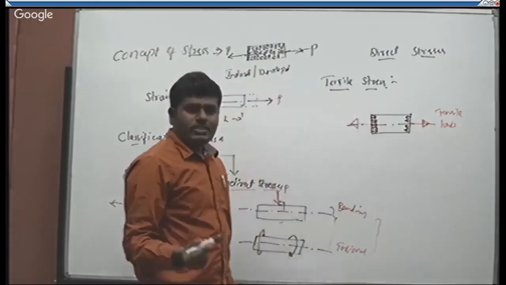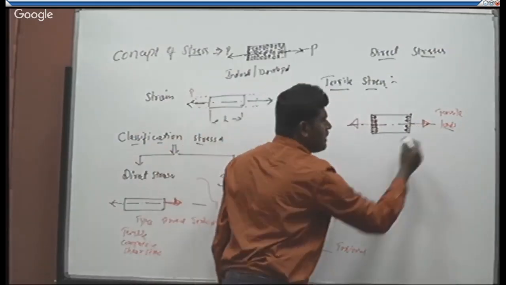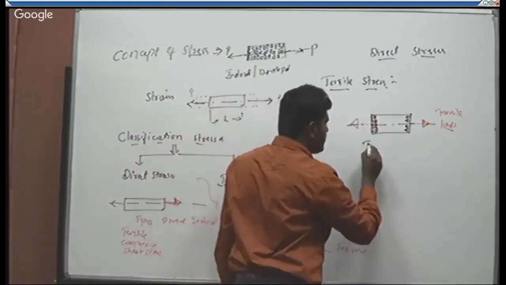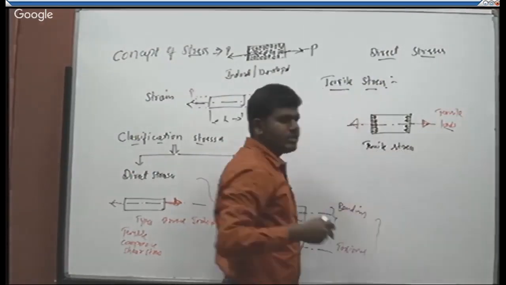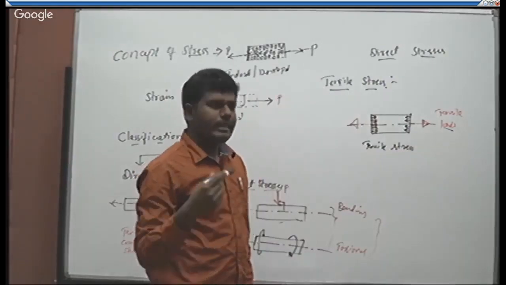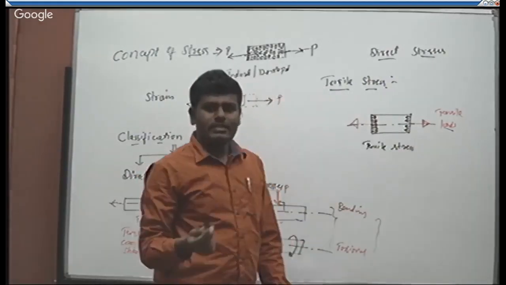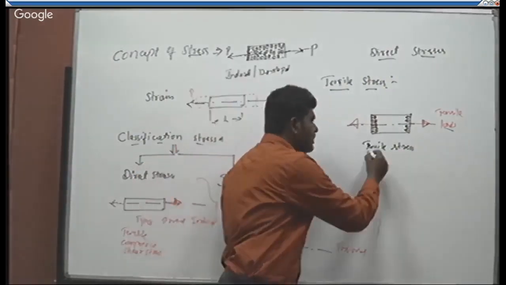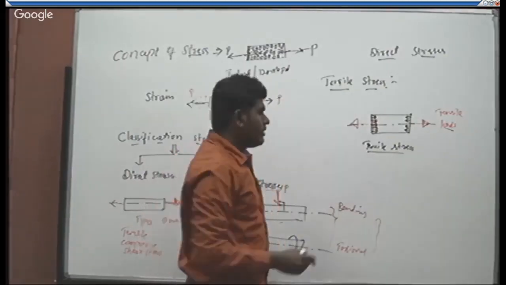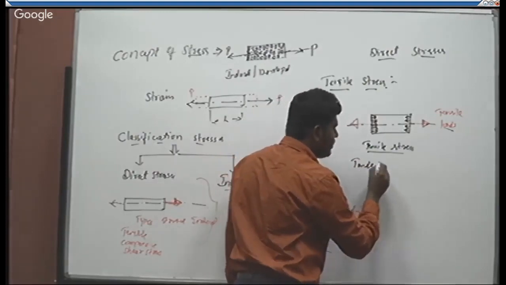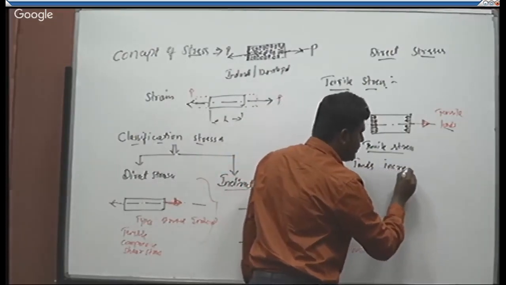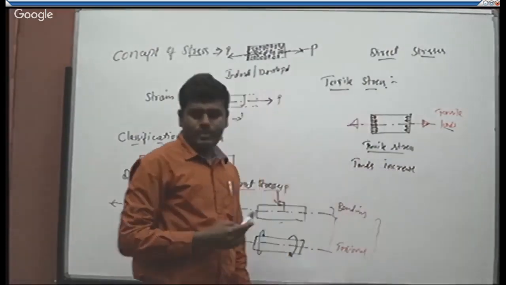The stresses induced by these tensile loads are called tensile stresses. In simple words, the resistance obtained by the body against the action of tensile loads is called tensile stress. The nature of this tensile stress is to increase the length of a body, or the geometrical length of a member.